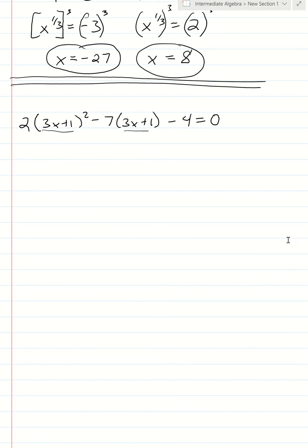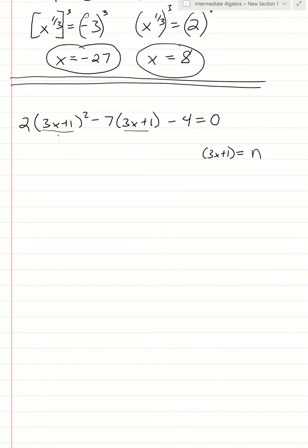So here's what I'm going to do. Wherever I see the 3x plus 1, I am going to replace it once again with a much simpler variable, any variable of your choice. Once again, I'm going to pick the variable n.